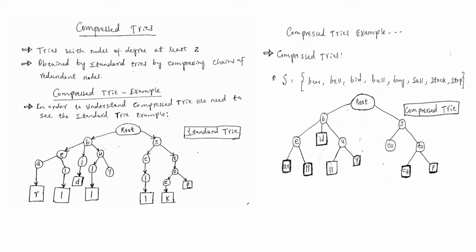When we take an example, the standard tree is given first. I have mentioned this one before. We have to compress this one into another tree. The compressed form of this structure is here. You can get it from this compressed form.